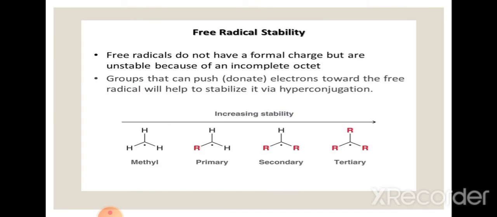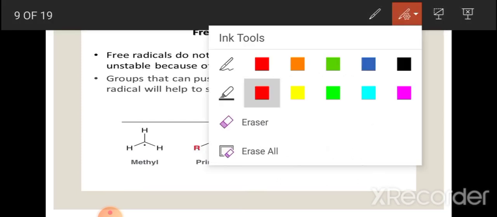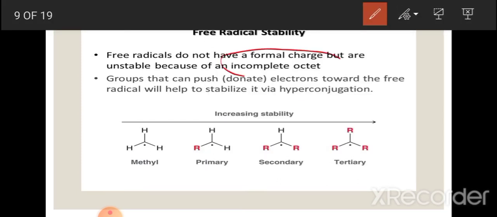As I have said, free radicals don't bear any charge, so why are they unstable? They are unstable because of an incomplete octet. To complete their octet, they are reactive.